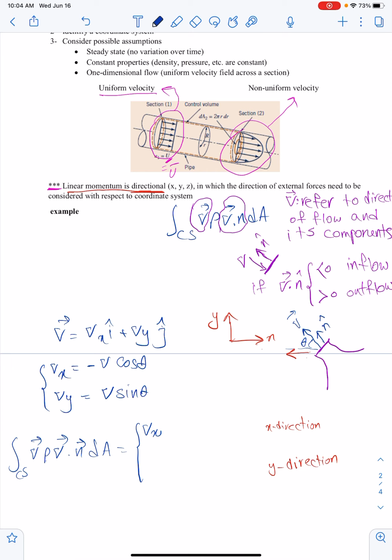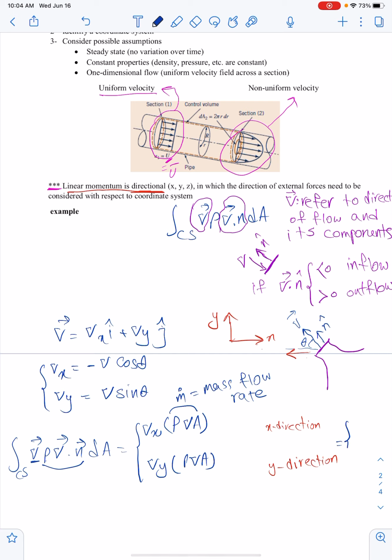In the x direction we have Vx, and for rho Vn we have rho V A. And also for the y direction we have Vy and rho V A. And we know that rho V A is m dot, which is mass flow rate. So then we can also say Vx times m dot, and for the y direction we have Vy times m dot.